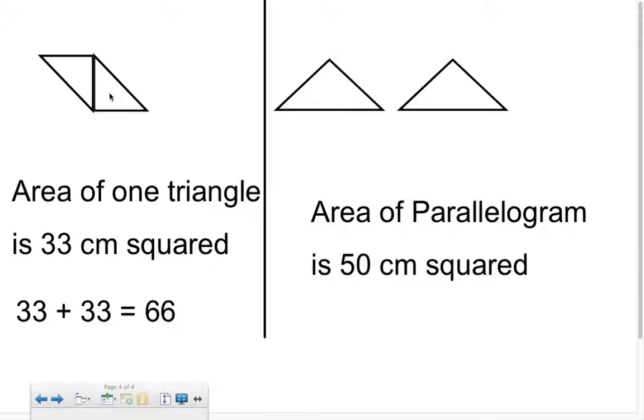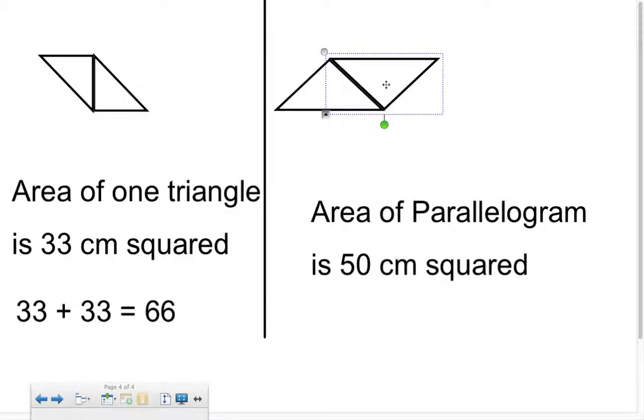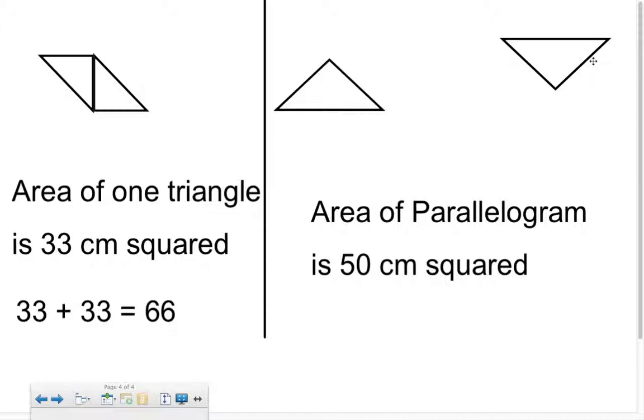Still 33 plus 33, which is 66. Same thing over here, guys. I'm going to flip this, whoop! And the two triangles together make a parallelogram, look, that's a parallelogram now. A triangle is two parallelograms. It's two of them smushed together.